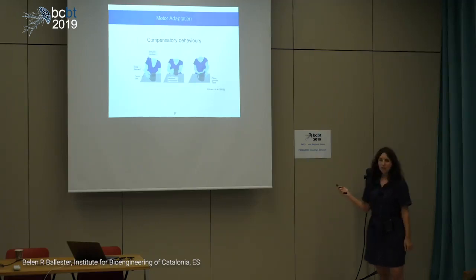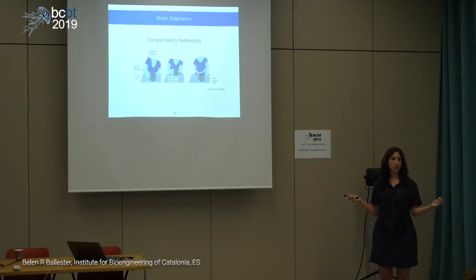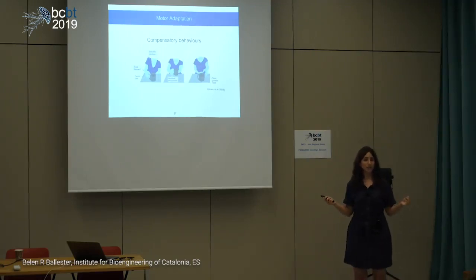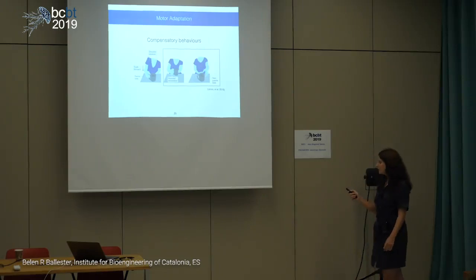So what happens after stroke is that, as you can see, one of the limbs is not very useful. And what do we do? Actually, a healthy brain would compensate for it in different ways. It can compensate by adapting movements, or it can compensate by overusing non-affected limbs, right?